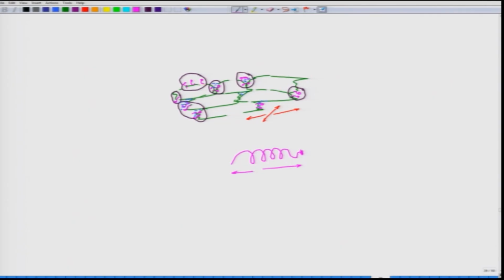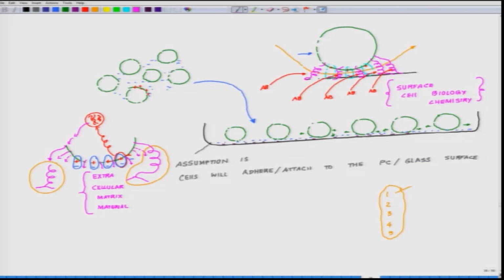So, coming back to the drawing, what I was trying to tell you, see for example, this has a flexible arm to move around. Now, imagine for a minute the force generated by this attachment point is higher than the force with which it is attached.